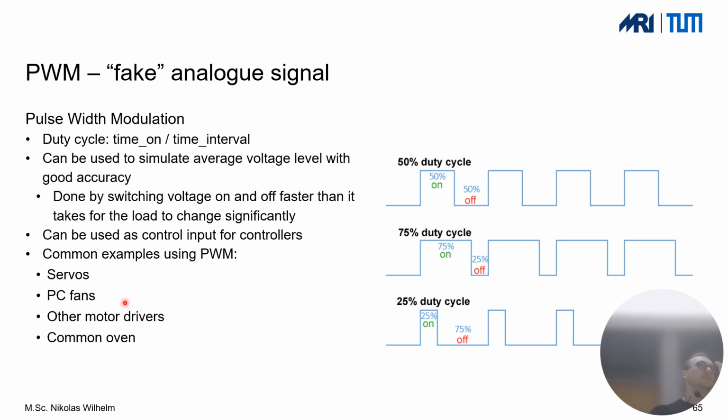So the intensity of an LED light is also affected by such simple ideas. We keep the light 50% of the time on and then off, and then on average it will appear to the human eye as not so bright, for example. Or even something like your oven at home.